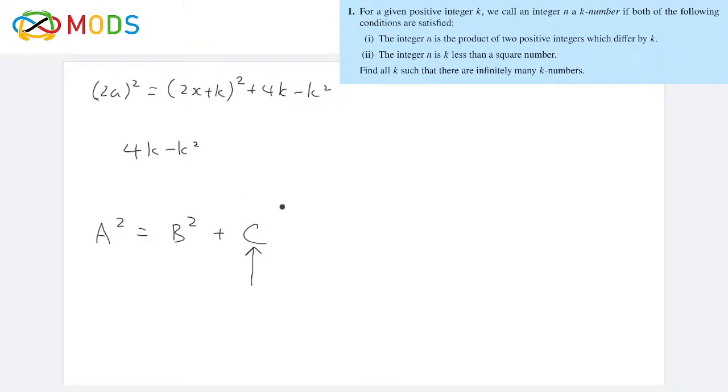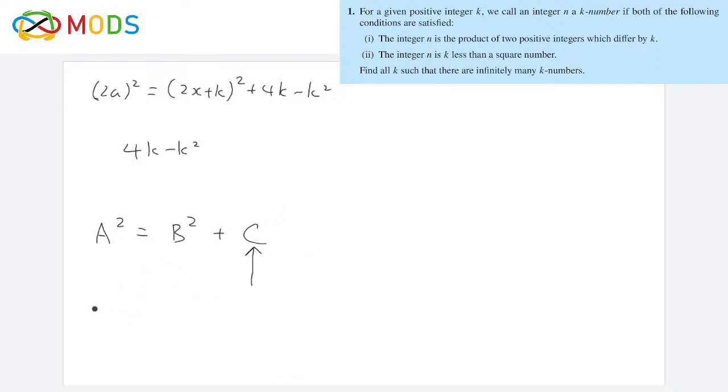At some point, the difference between 2 consecutive squares is going to get larger than c. And at that point, any higher squares are going to differ by more than c. So you get finitely many pairs of a and b which work, which means that the only c which has infinitely many solutions is when c equals 0.